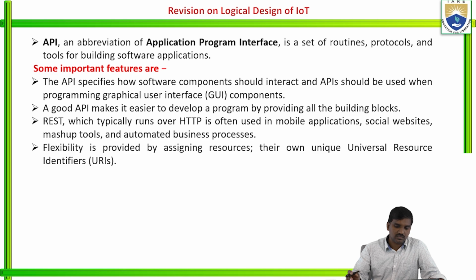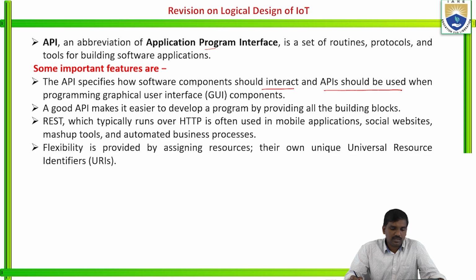Before that, first we need to know what an API is and what its specifications are. API is an abbreviation of application programming interface. It is a set of routines, protocols, and tools for building software applications. Some important features: the API specifies how software components should interact, and it is used when programming graphical user interface components.